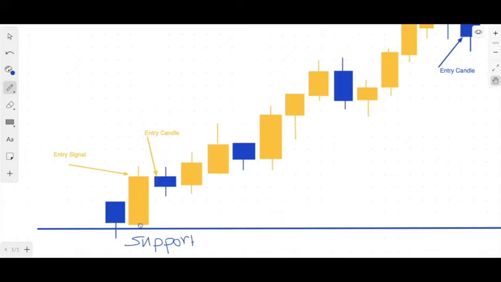And so with the particular makeup that we have on the screen, we find that we have a nice bullish engulfing candle.